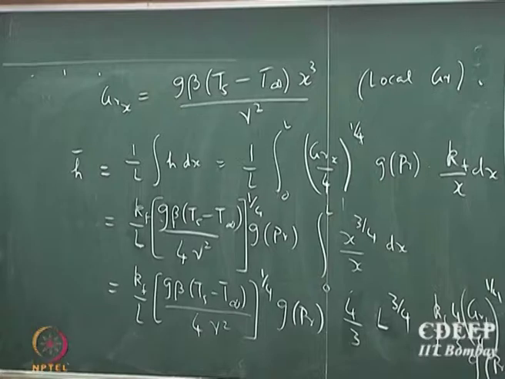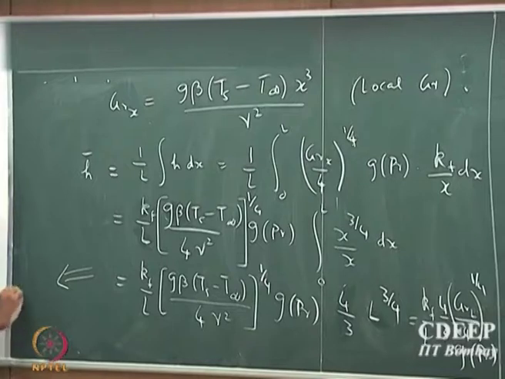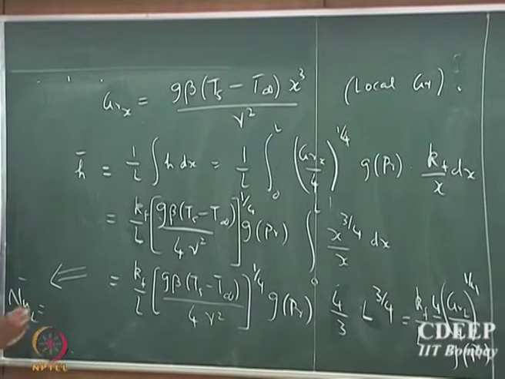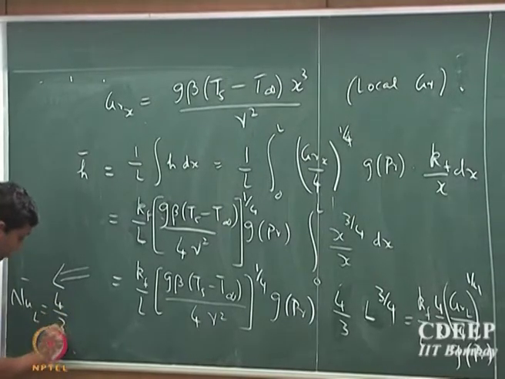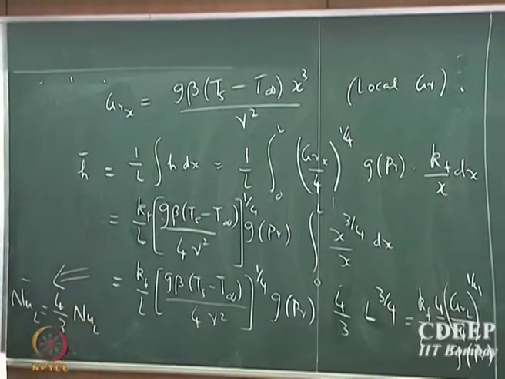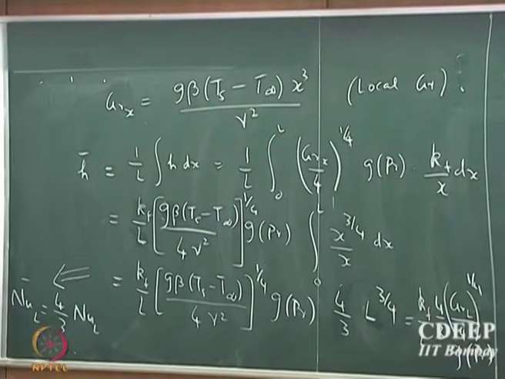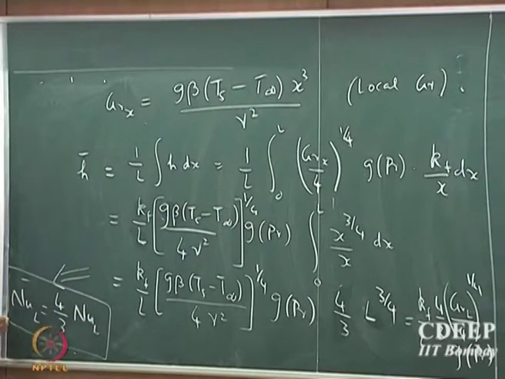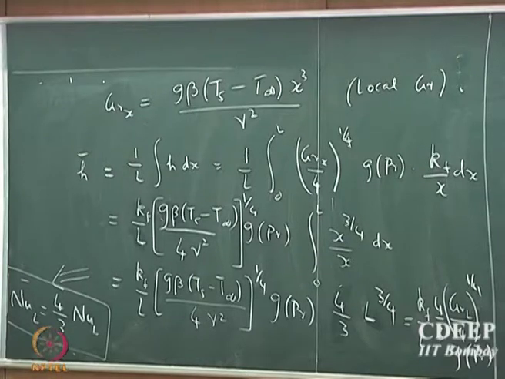So from here, what we observe is that the average Nusselt number based on the length should be equal to 4 by 3 times the local Nusselt number based on the length. It is very similar to what we got in the flat plate case, where the average Nusselt number is some constant multiple of the local Nusselt number itself.